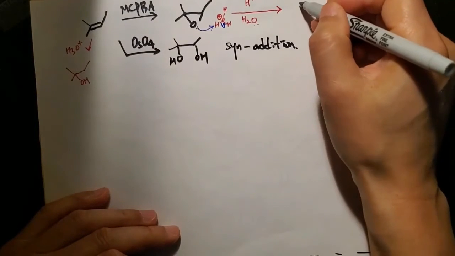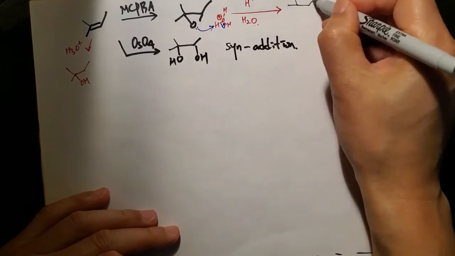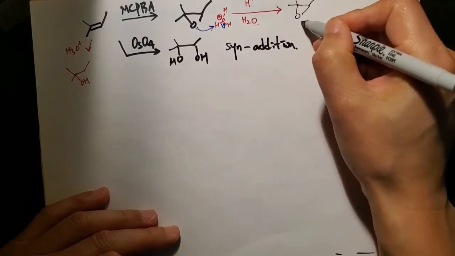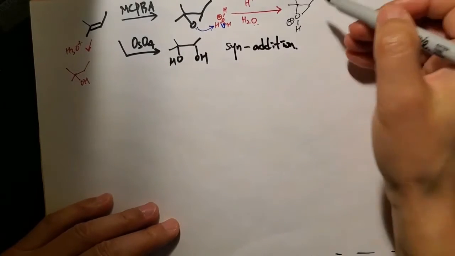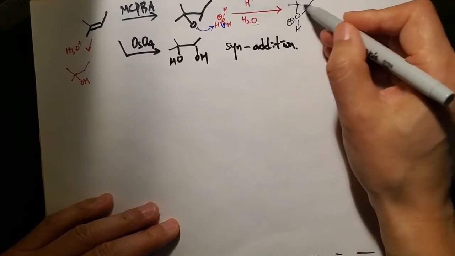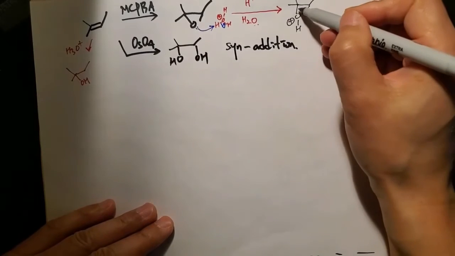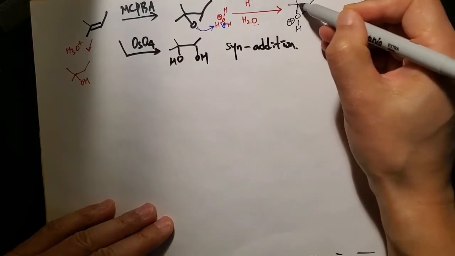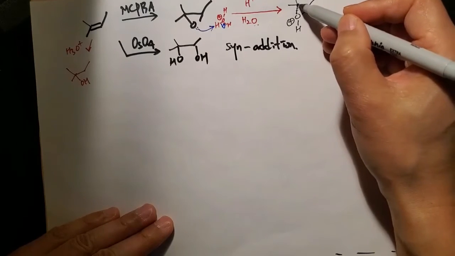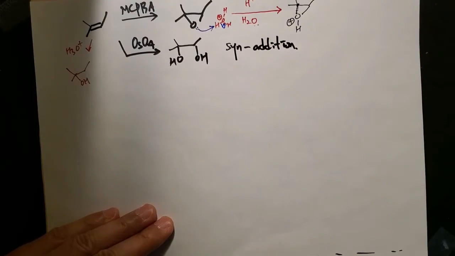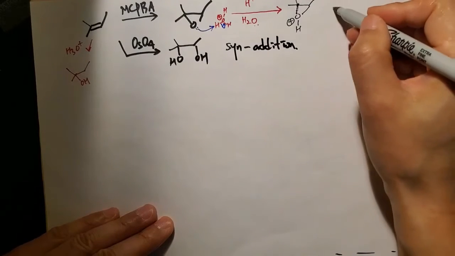Then the epoxide forming this. And I hope you remember in this bridged intermediate, the bond with a more substituted carbon that can bear more positive charge needed less electron density from the fourth bond, becomes very weak.